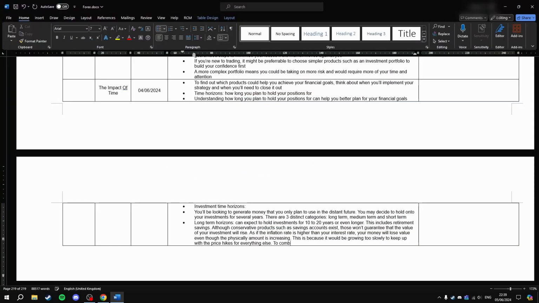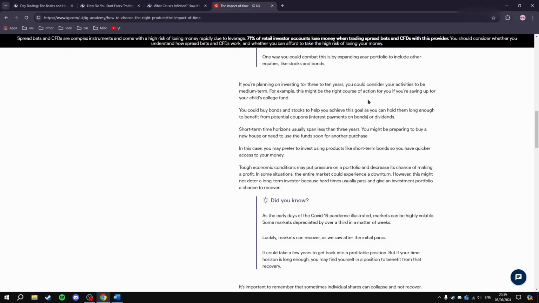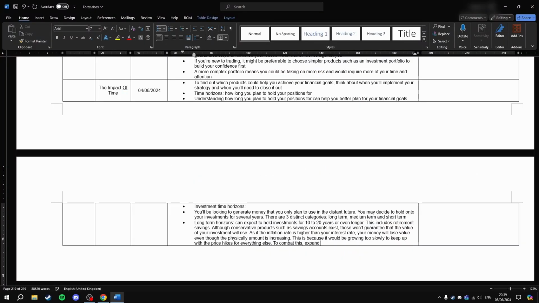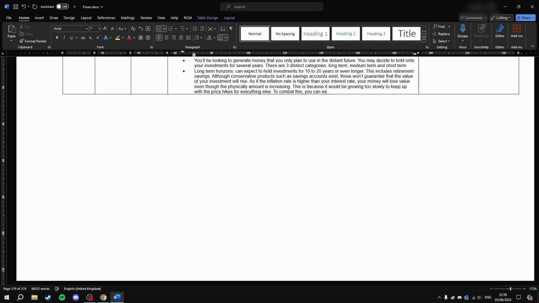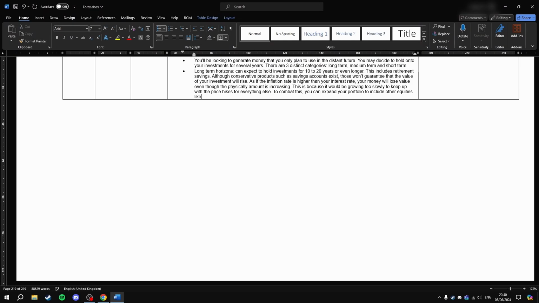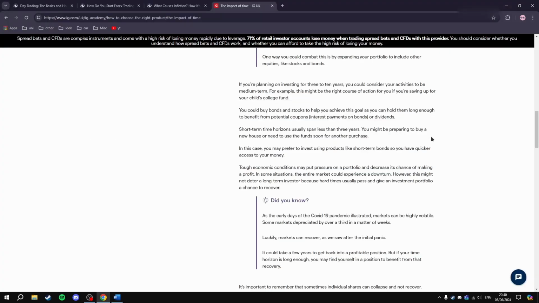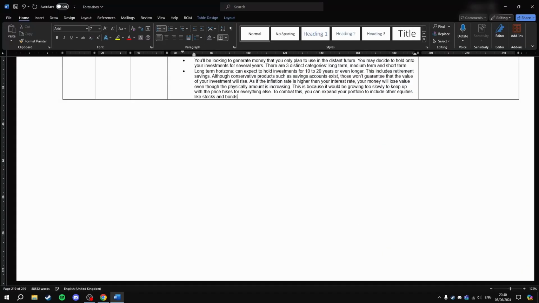To combat this, you can expand your portfolio to include other equities like stocks and bonds.